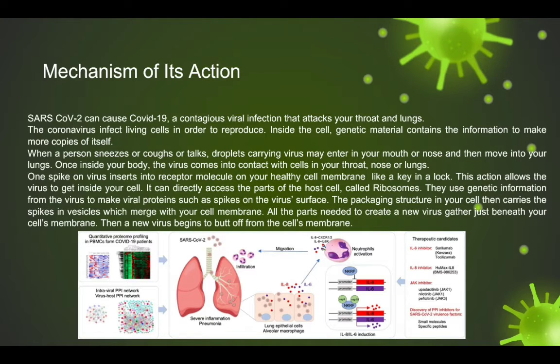The packaging structure in your cell then carries the spikes in vesicles which merge with your cell membrane. All the parts needed to create a new virus gather just beneath your cell's membrane. Then a new virus begins to bud off from the cell's membrane.